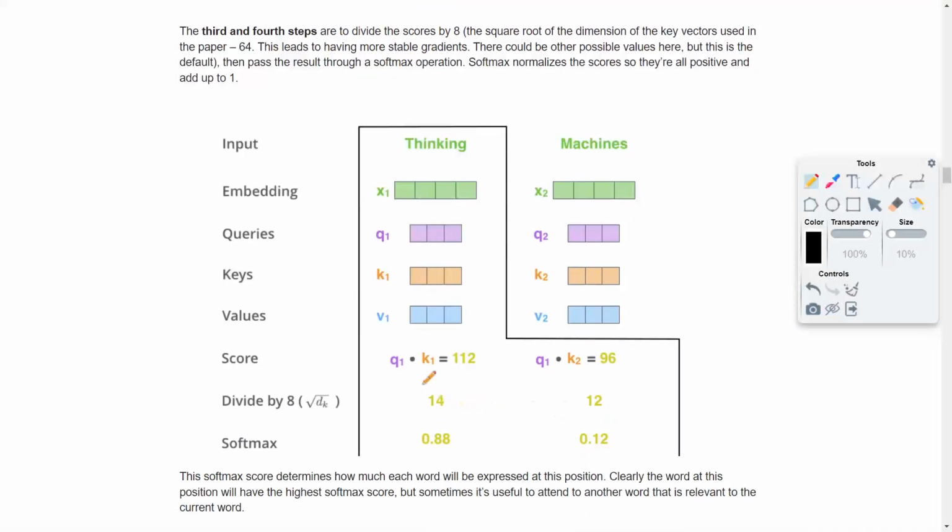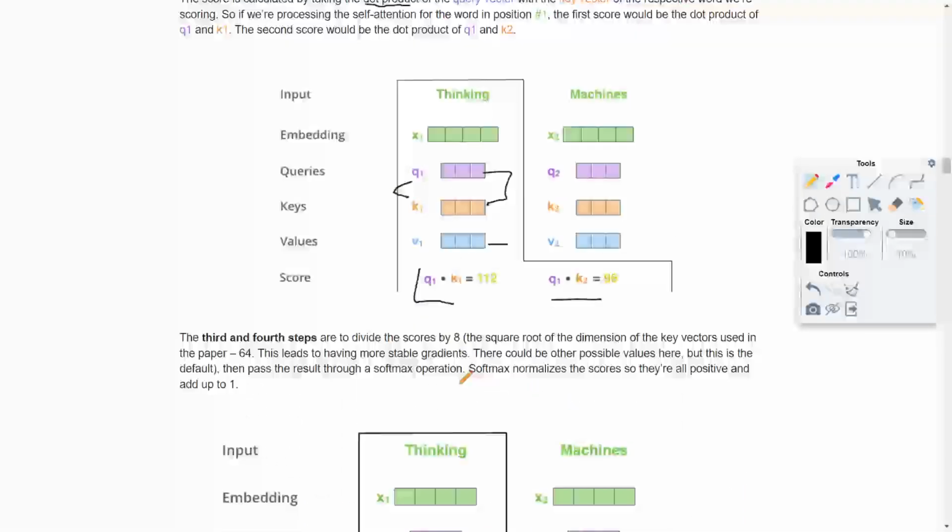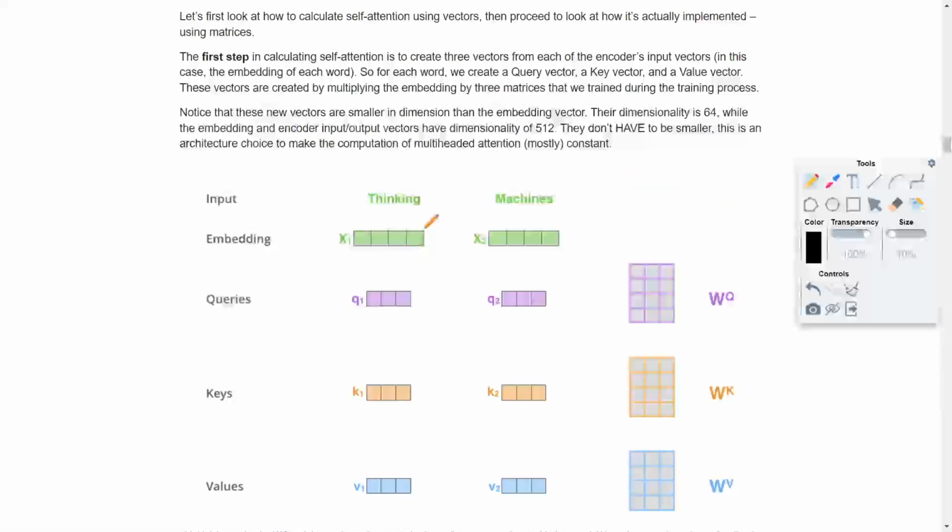Then, moving forward from the score we calculated, the next step is to divide this score, which is more of a stabilization step, by the root of the dimension of the query. I forgot to mention that the embedding dimension was 512, and the queries were of dimension 64.